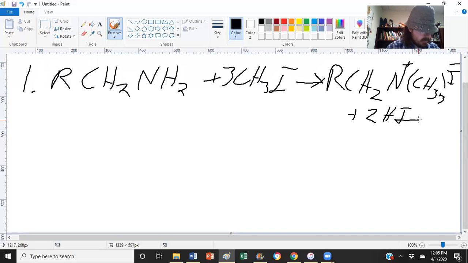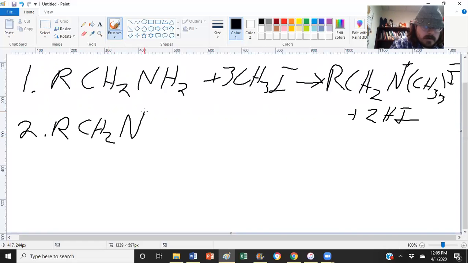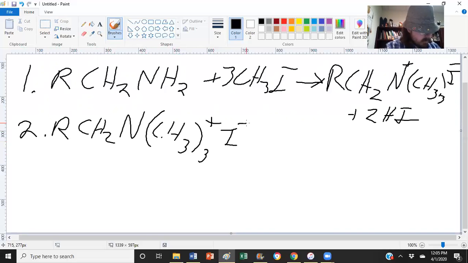Now, the next step is to turn this into the hydroxide. From this starting point, we're going to add a half equivalent of silver oxide and a half equivalent of water.